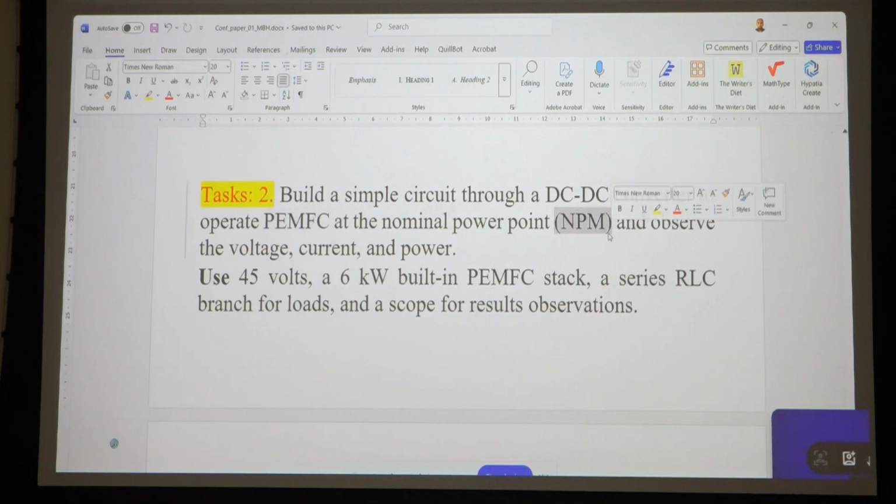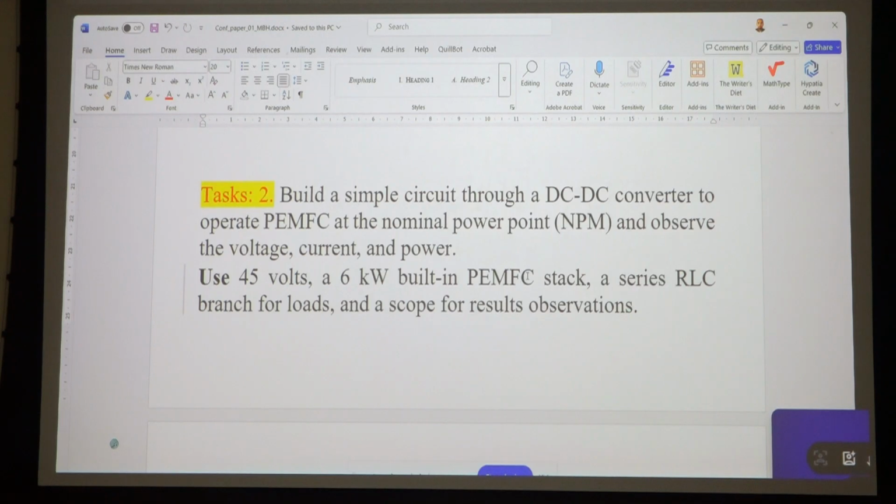Can you guys try it? If you can try first, if it is possible, otherwise I can show you. Just thinking, because I think you have massive knowledge of how to develop a DC-DC converter, buck or boost, using a separate IGBT or separate transistor, or using a built-in one.